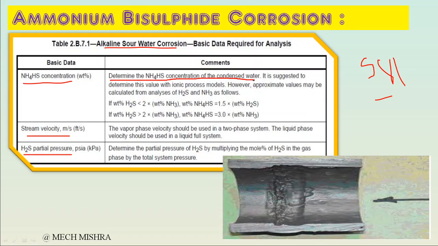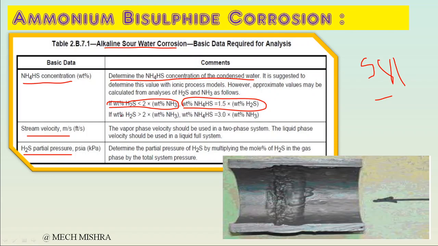It has given the formula. If the weight percent of H2S is less than 2 times ammonia, this is critical. If the H2S weight percent is less than 2 times ammonia, then the NH4HS concentration will be 1.5 times the weight percent of H2S.